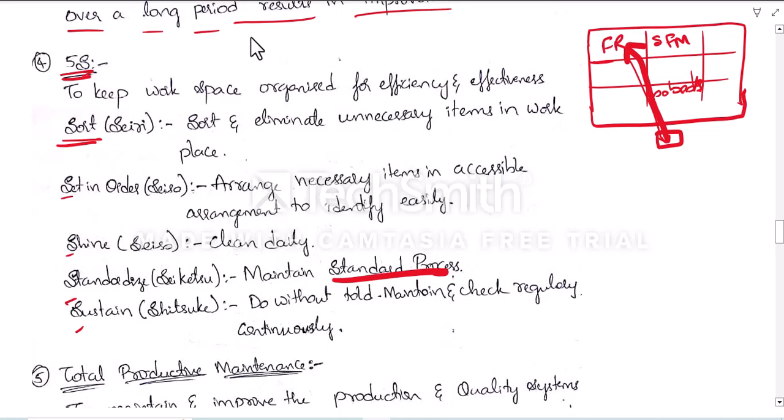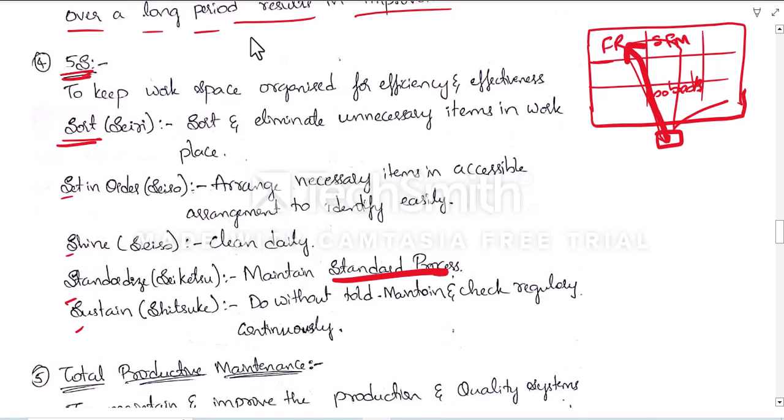We have to standardize the process, because if we take this and keep it here, take that and keep it there, it will become clumsy again. Every week we would have to clean it. So instead, do it on a regular basis and standardize the process. If you take the FR book, make sure you keep it back in the FR place only, so that it will not be a big strain next time.